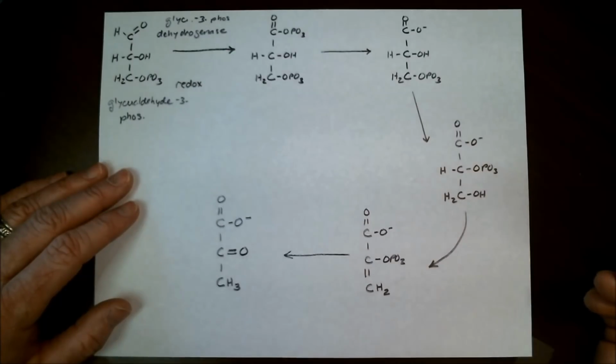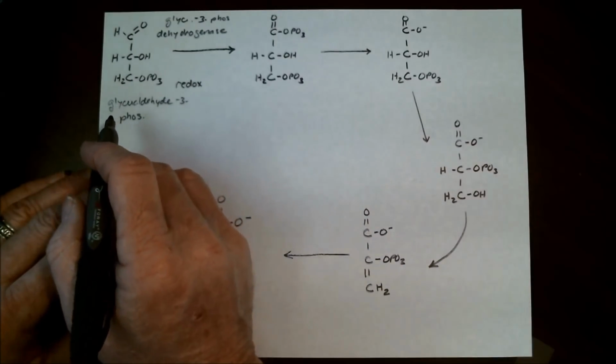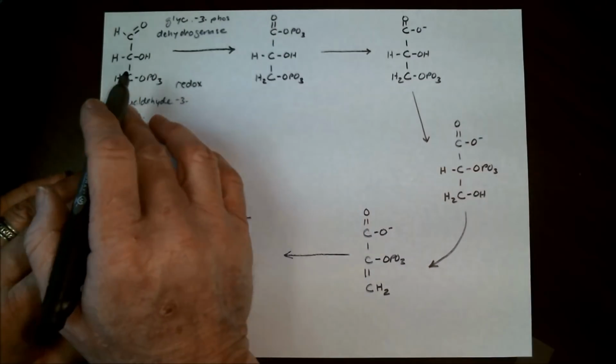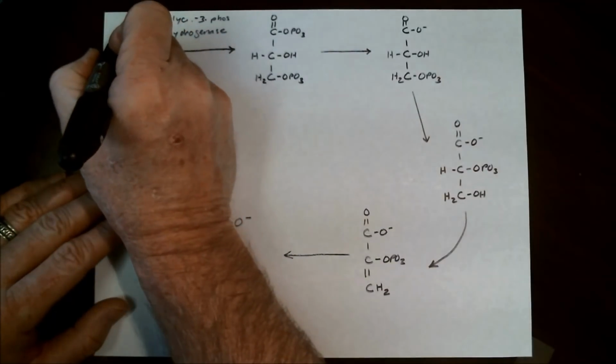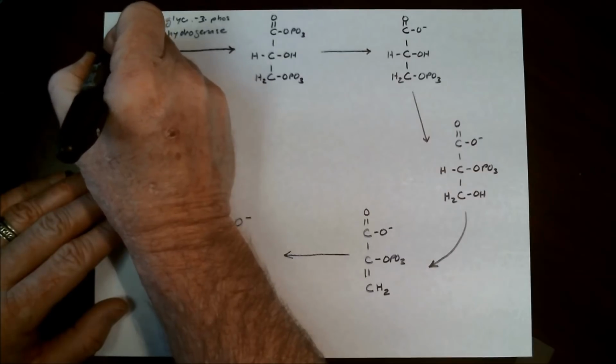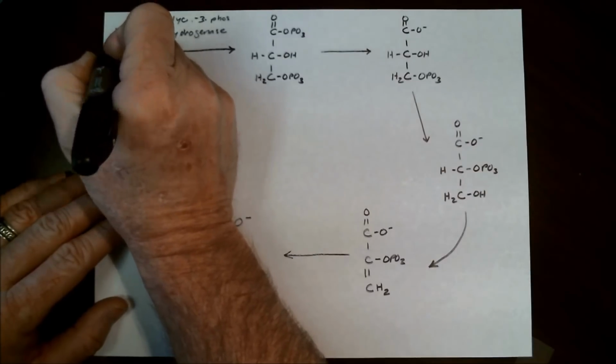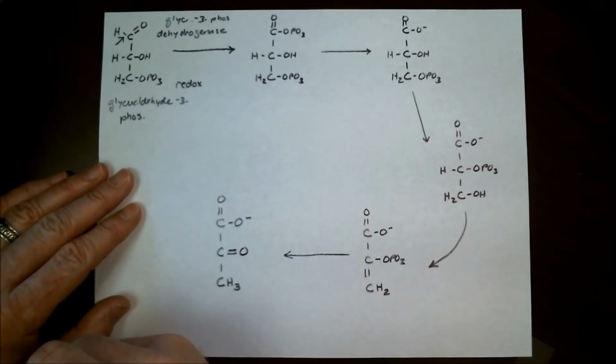Another must receive the electrons, and that one is being reduced. So in this case, we are focusing on the glyceraldehyde 3-phosphate residue, and we are going to extract these 2 electrons that constitute the bond between the hydrogen and the carbon in the aldehyde group.